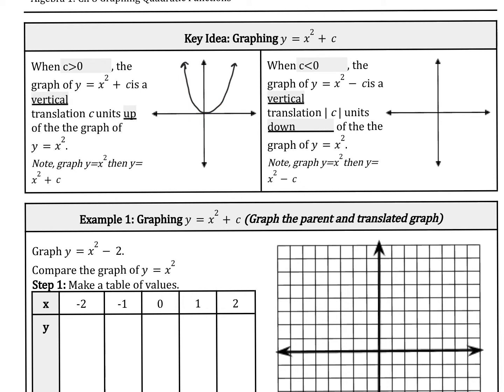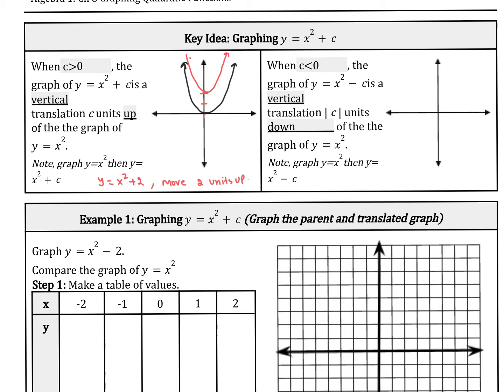If it is x squared plus 2, that means you're going to move the graph 2 units up. So the graph that started from 0, 0 originally is going to start from 2.